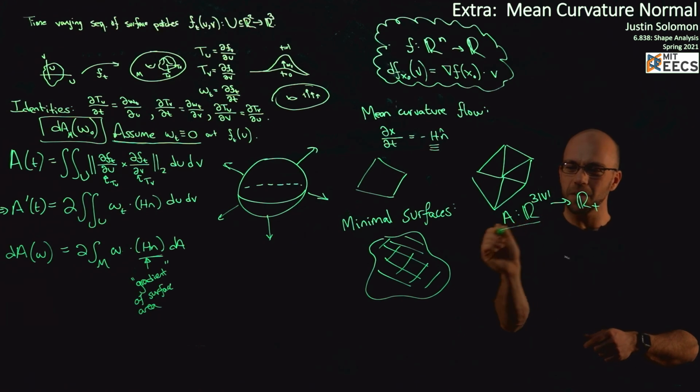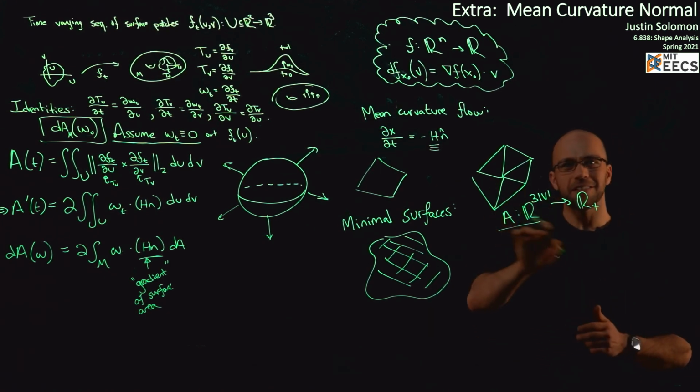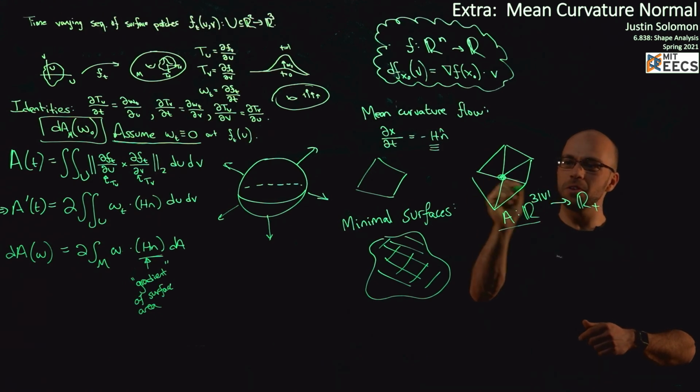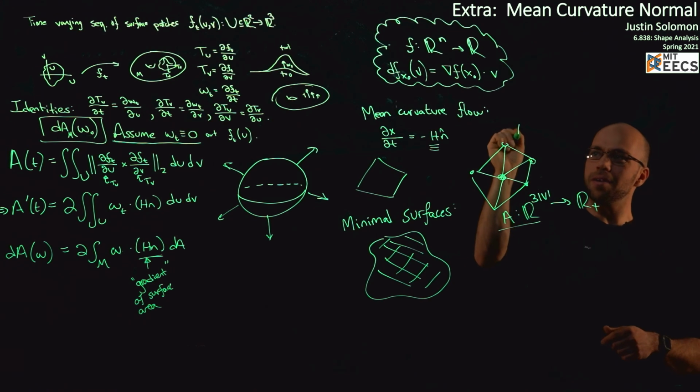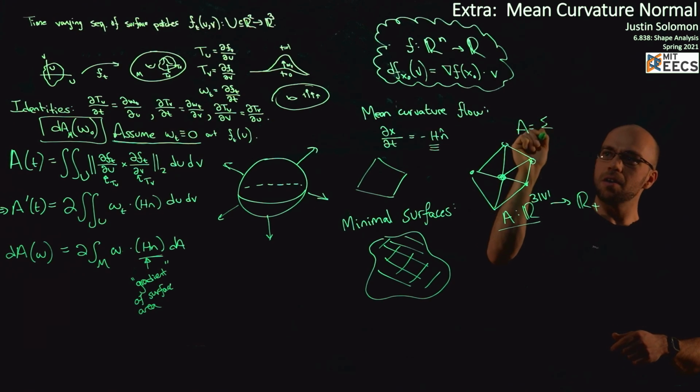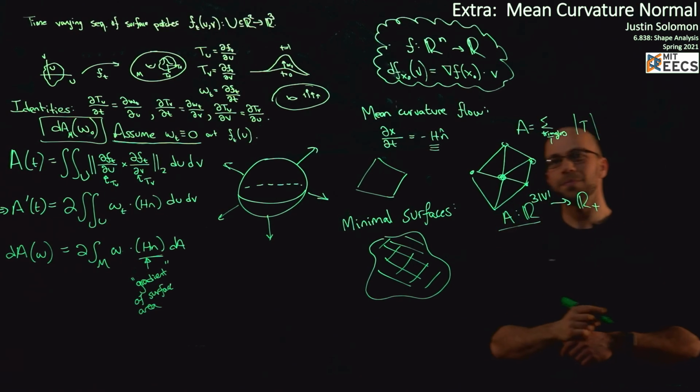Well, I can take the gradient of this function, and now this is the honest to goodness gradient. This is basically saying I can move each of these vertices around and affect the areas of the triangles, where area is just equal to the sum over the triangles t of the area of each triangle.